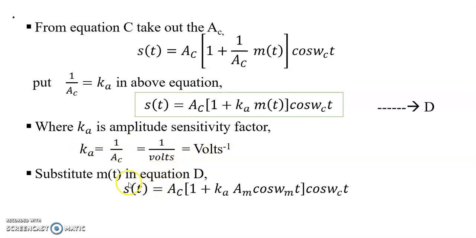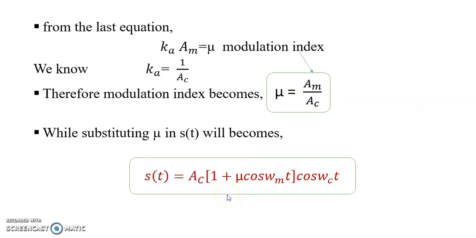Okay. And substituting m(t), that is Am cos ωmt, in the above equation, we will get this equation. Here you can see Ka into Am. This is nothing but the modulation index μ. Here Ka is 1 by Ac.